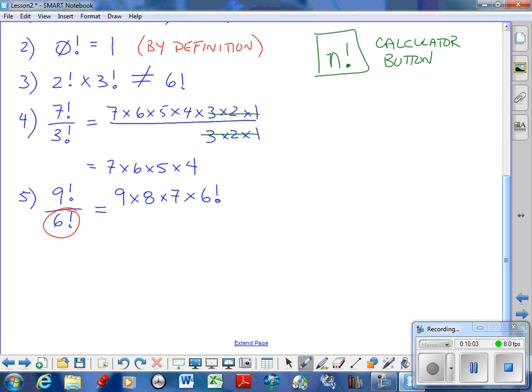So instead of going 6 times 5 times 4 times 3, I'm going to shorten this up, divided by 6 factorial. Now the factorial notation will cancel out. So this is just equal to 9 times 8 times 7. Okay? So you do need to be able to do that. That's the extent of the manipulation or the algebra when we're dealing with the factorial notation.